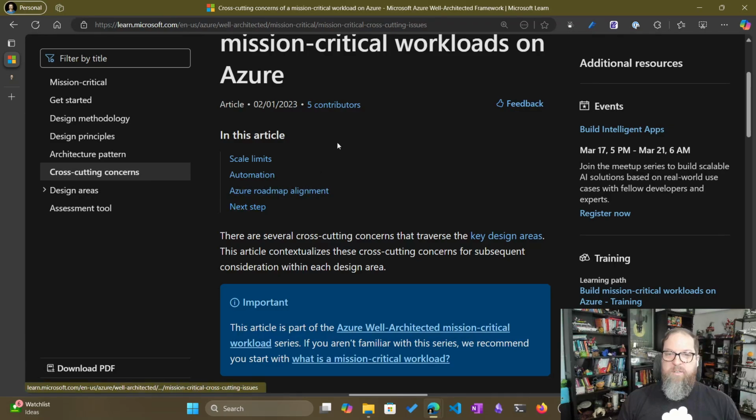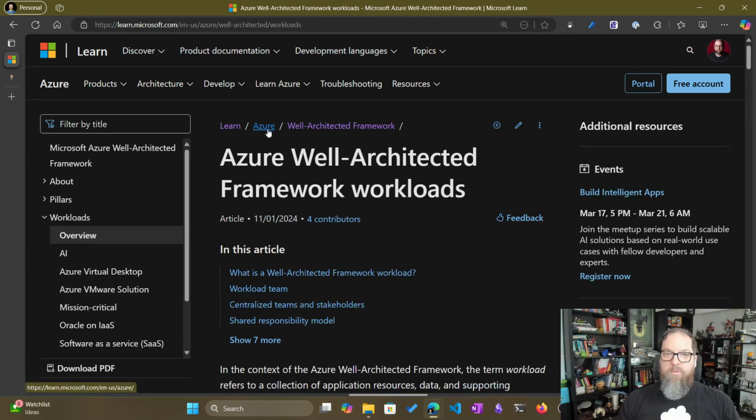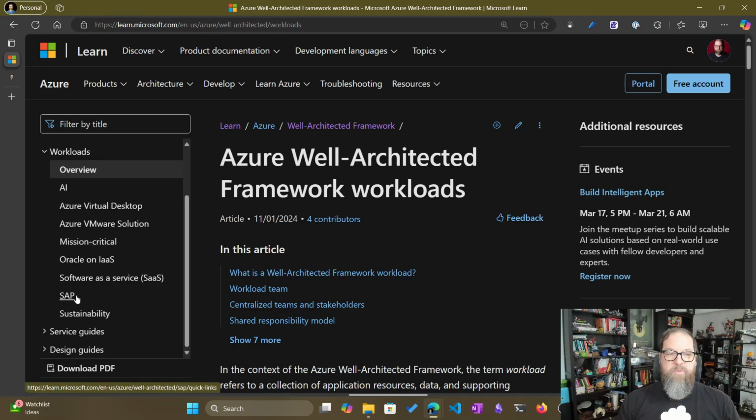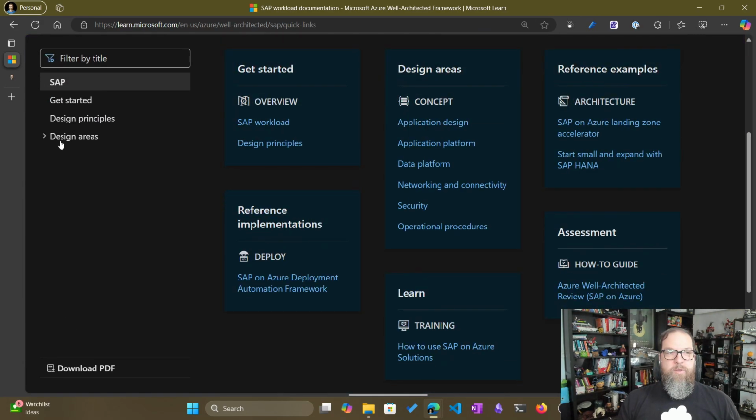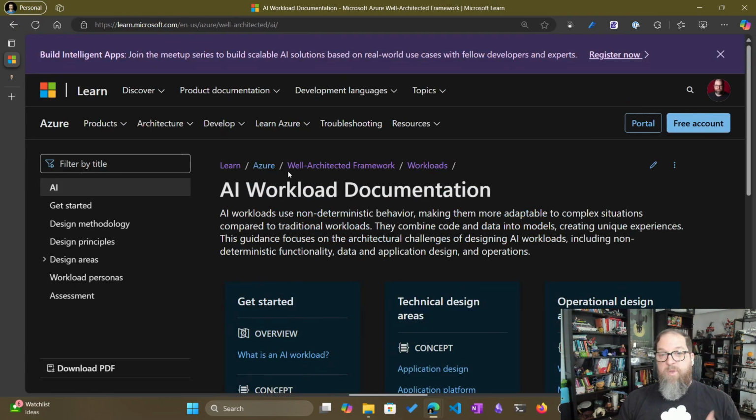What are our cross-cutting concerns? What are the things that we need to think about as we deal with our different workloads in the well-architected framework? We've got one on like SAP with different design decisions. We've got one around now AI.